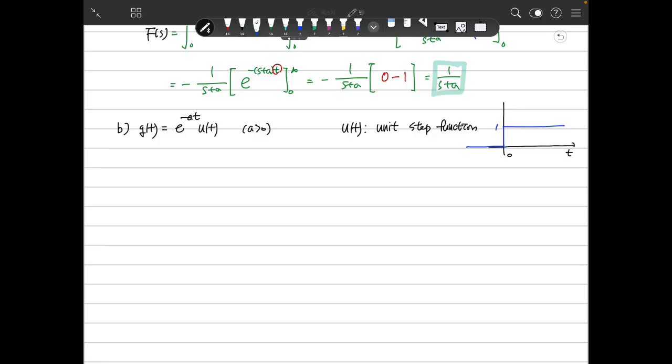To get the Laplace transform, we define this as G(s).